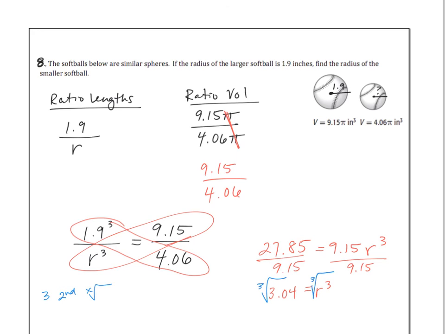It's above the caret button. And then you're going to type in 3.04 and then equals or enter. And when you do that, you should get approximately 1.45. So 1.45 is approximately your radius, and that would be inches.